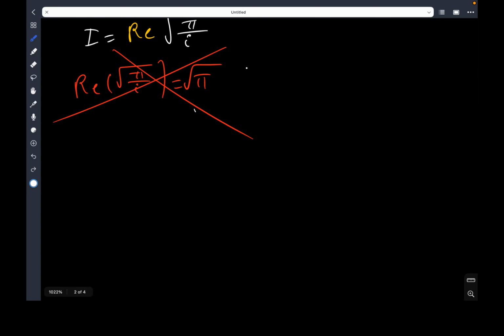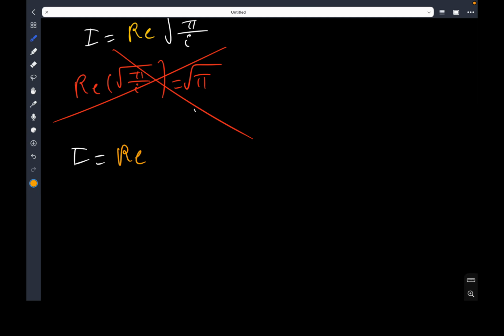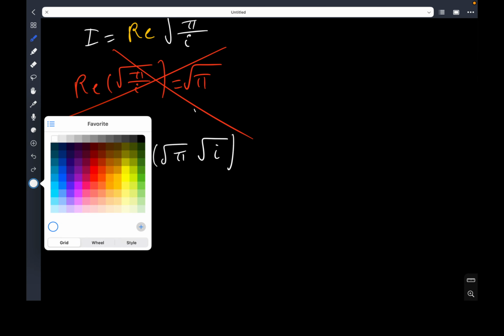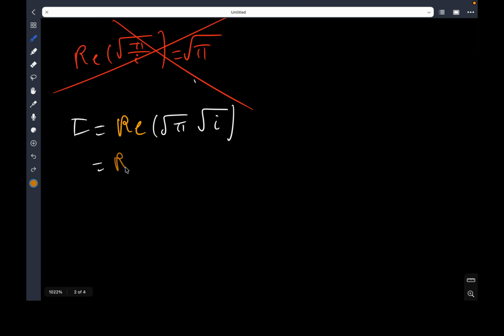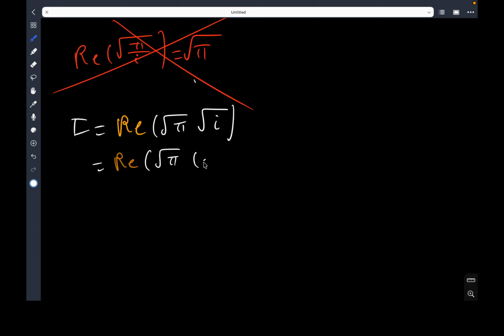I'm going to say the I is actually equal to the real part of root pi times i to the negative half.